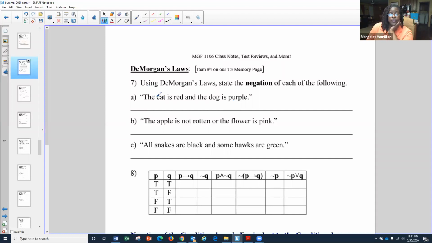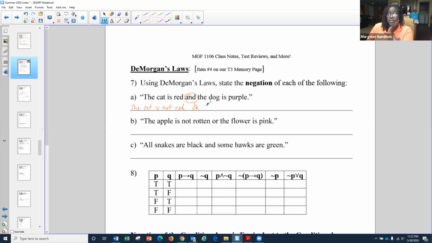So we are here. The cat is red. So we know the cat is red negates to the cat is not red. Right? Then your and becomes or. Then we have the dog is purple, and we're going to negate that.